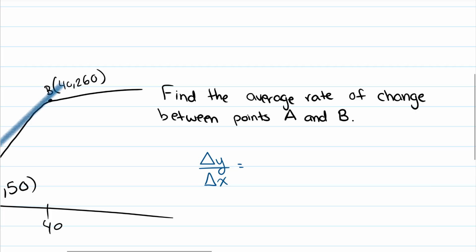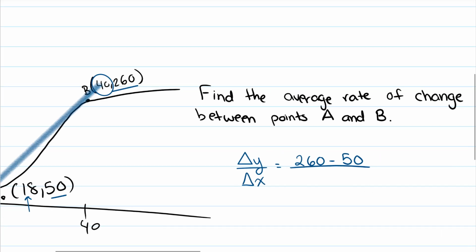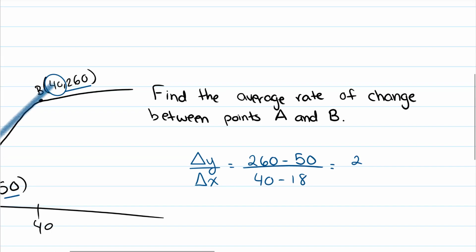So delta y is the change in y, so 260 minus, and then the second y value is 50. So again, that comes from here and here, divided by, my x values are 40 and 18. And so when you subtract those, you get 210 divided by 22, which is going to give you 105 divided by 11.